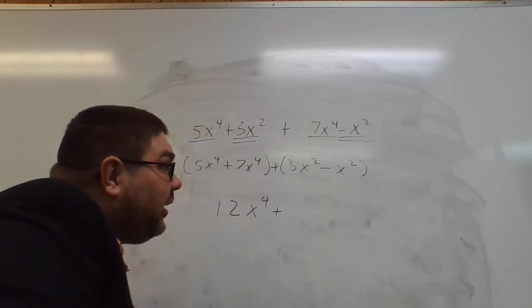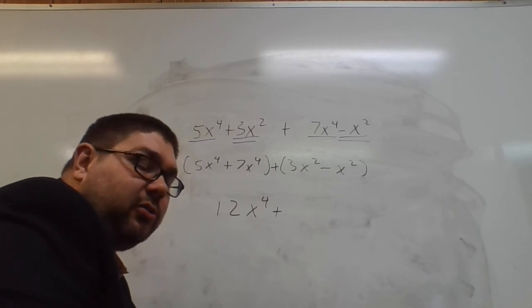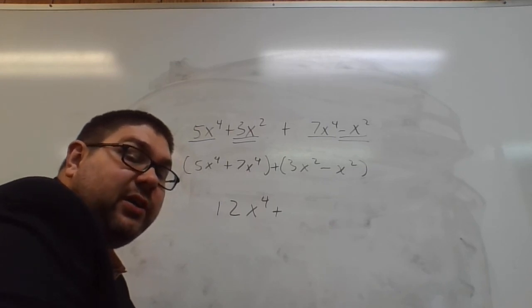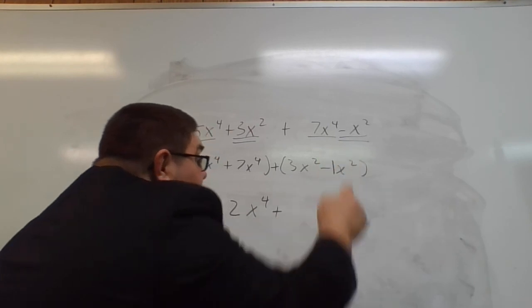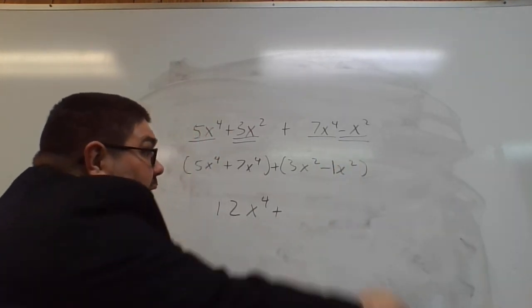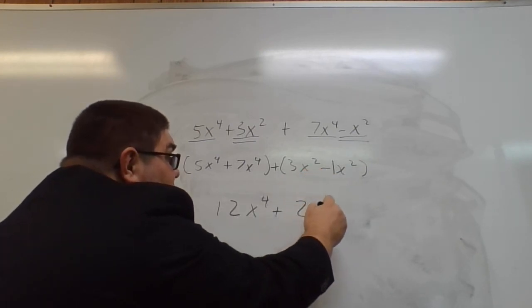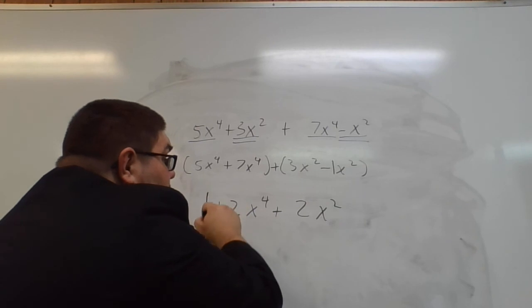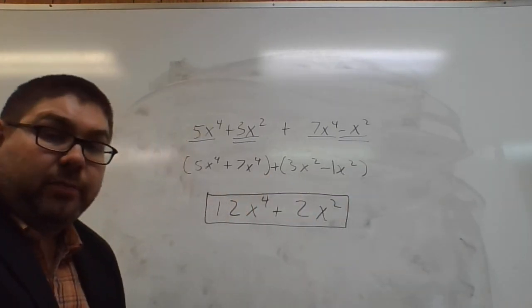And we have 3x to the second minus x to the second. What goes in front? If we just have a variable with no number, what goes in front of it? It is a 1. So the coefficient is, I can put a 1, and we have 3 minus 1. That, of course, is 2. And we're done. That's your final answer.